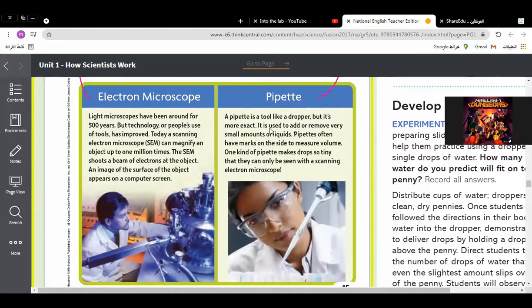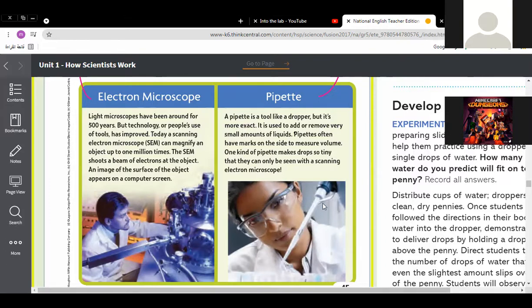Abdullah Khalid? Abdullah? Yes. The last thing, what is this? Pipette. Yeah. A pipette is a tool like a dropper, but it's more exact.